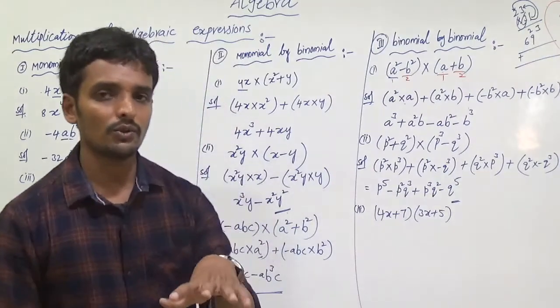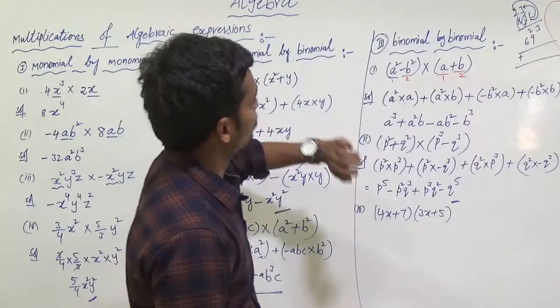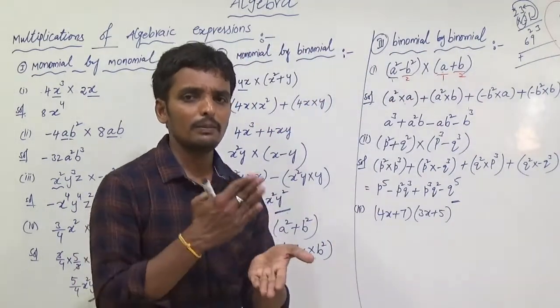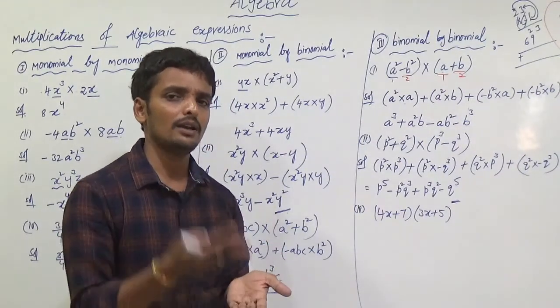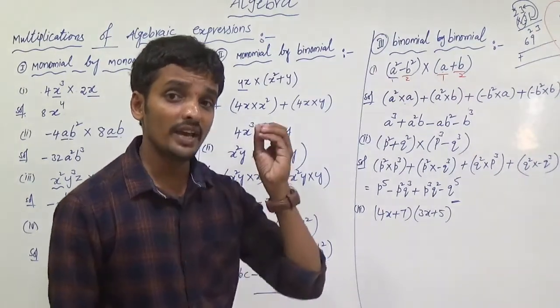So up to now, what we have discussed: the first one is monomial by monomial, monomial by binomial, binomial by binomial. If you go to the next method, binomial by trinomial. After that, trinomial by trinomial, trinomial by multinomial, multinomial by multinomial.